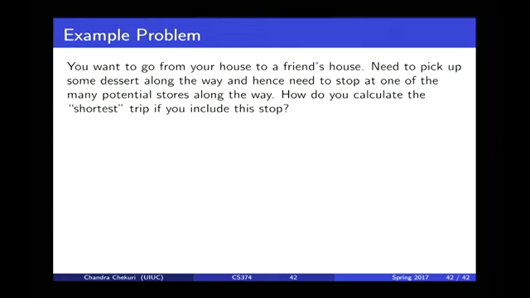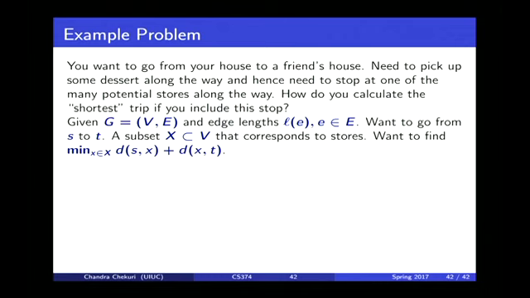Here is a toy problem to solve. Suppose you're going to a party. Your friend is somewhere on the map, and you want to stop and get some beer maybe, or dessert, whatever you want to buy, and you want to find the shortest way to do that. What is the input to the problem? The input is a graph which represents distances. Your source is where you are right now.